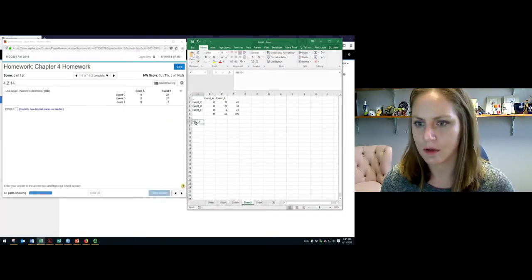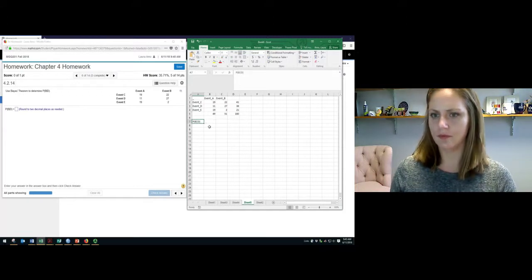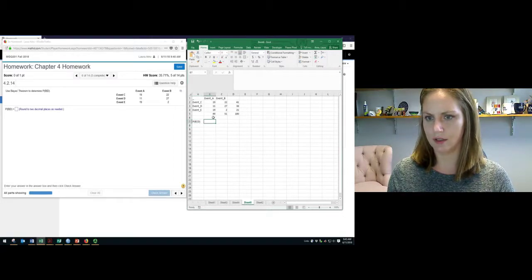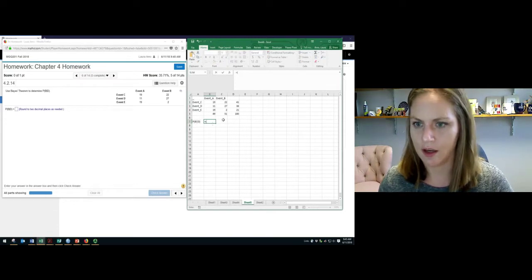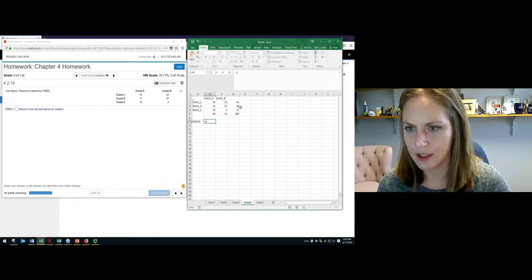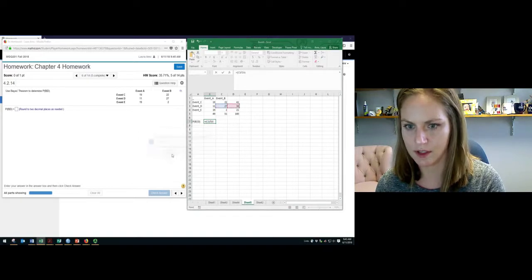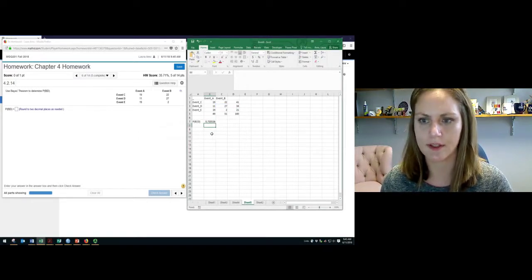So we have our probability of B given D. In order to get this to populate, we could do it a couple different ways. Again, if we're only interested in D, of those, how many are B's? It's going to be this divided by this. I forgot to close my parentheses.